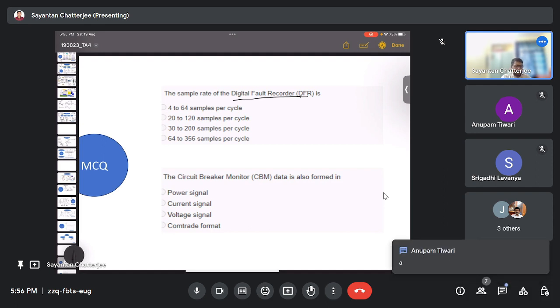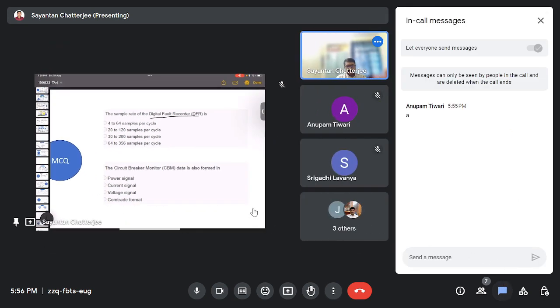Not A, faster than PMUs. It would be D, because of faster sampling, 64 to 256 samples to capture the faults. Yes, D is the right answer.